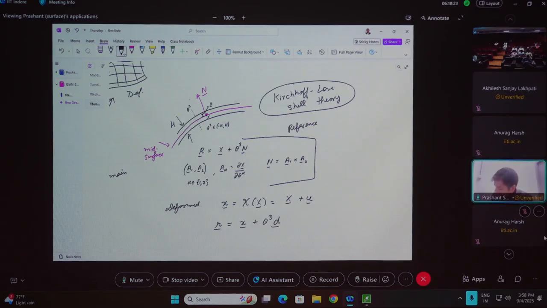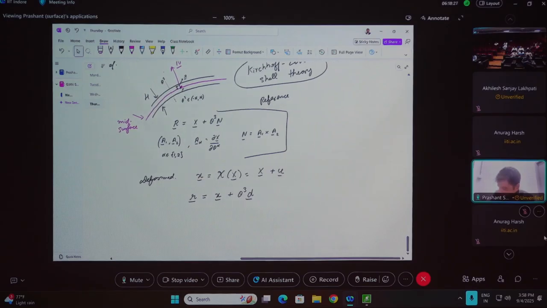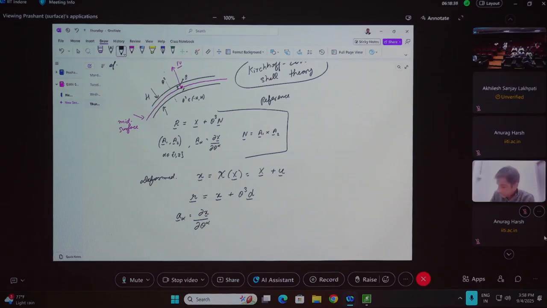So D, and this is a slightly interesting way of things going on. Essentially, you have the same idea that you get some basis vector which is del x over del theta alpha, and then you get the normal vector, which is a unit normal vector, A1 cross A2, and then D is just lambda 3 times n.